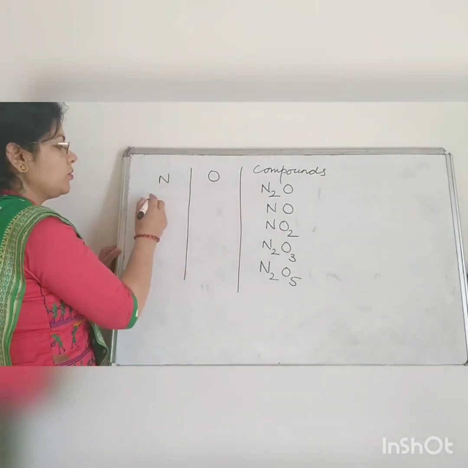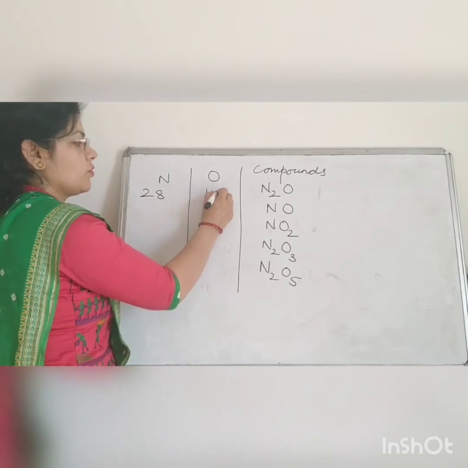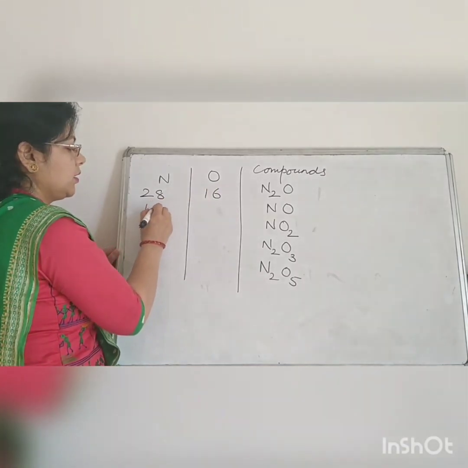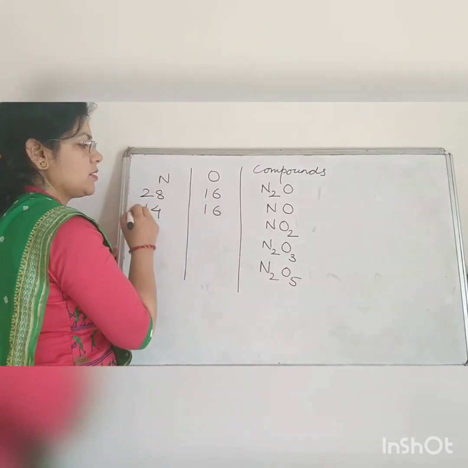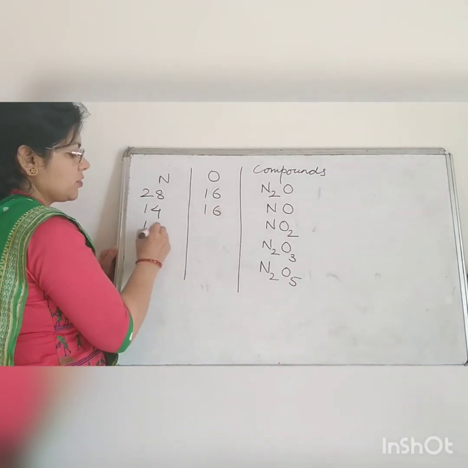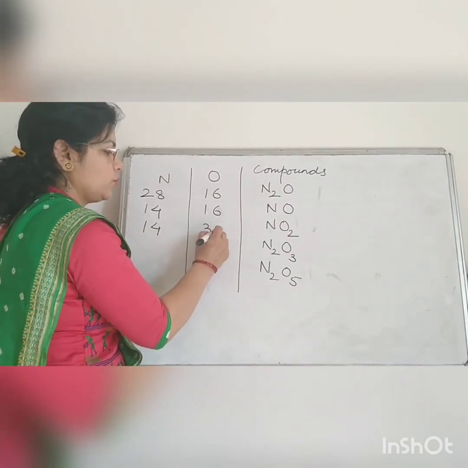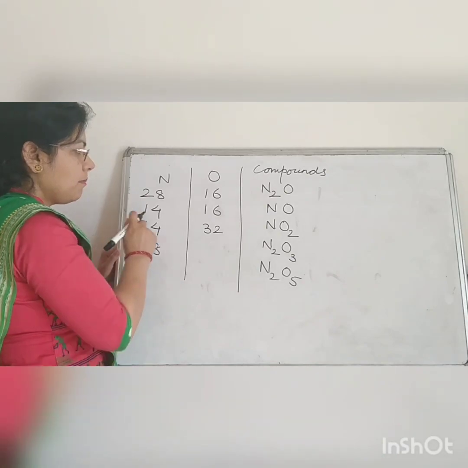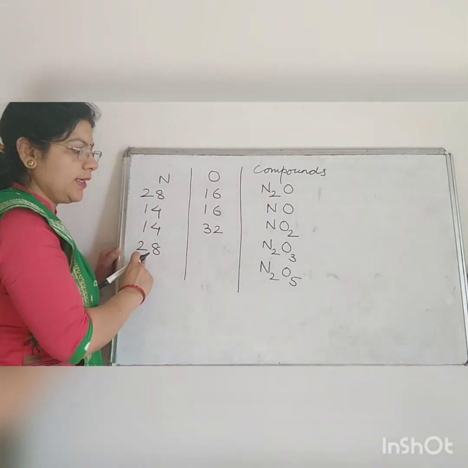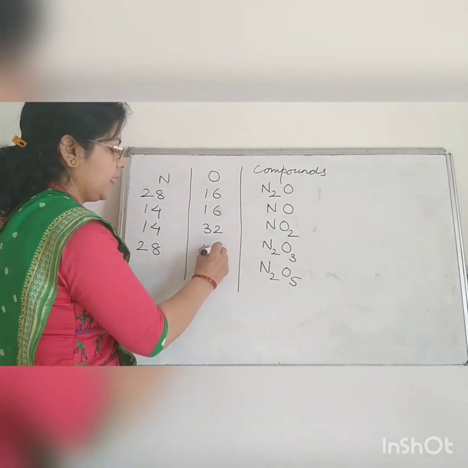In the first compound, the mass of nitrogen is 28 and the mass of oxygen is 16. In another, the mass of nitrogen is 14, the mass of oxygen is 16. In another, the mass of nitrogen is 14, the mass of oxygen is 32. In another compound, the mass of nitrogen is 28 and the mass of oxygen is 48.